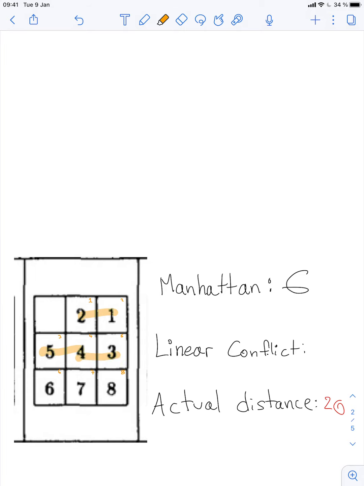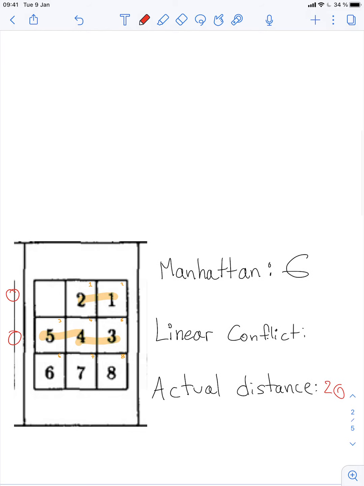After that, we have to go to every row and every column. So let's look at the first row. After that, we look, how many tiles do I have to remove so that there are no linear conflicts? In this case, it's 1. So we add 1 to this initial part of the linear conflicts.